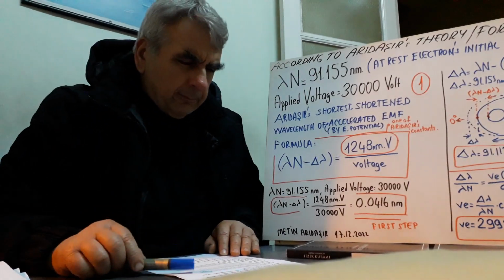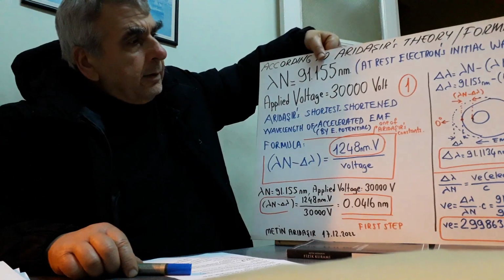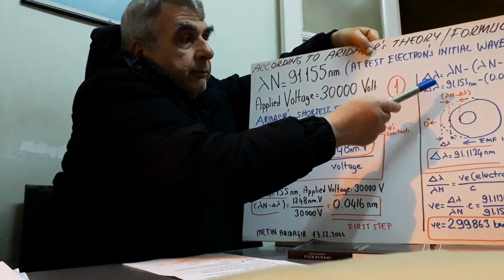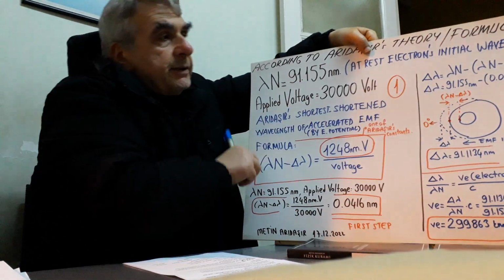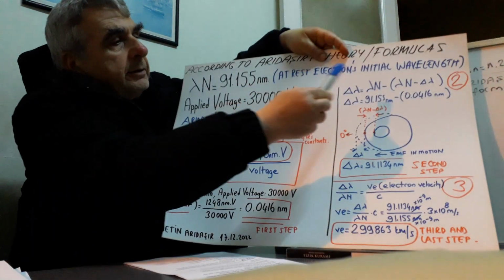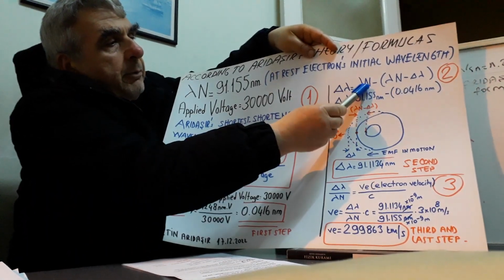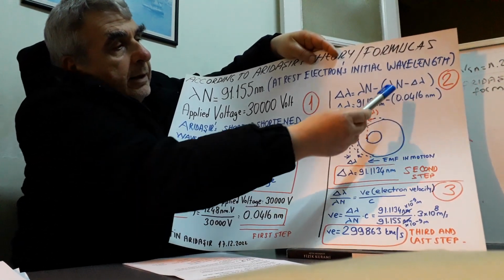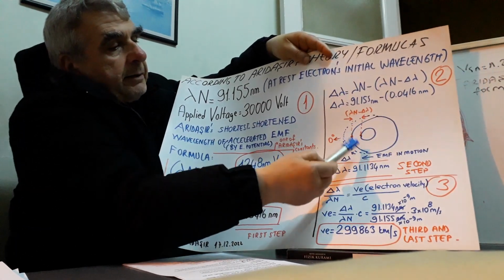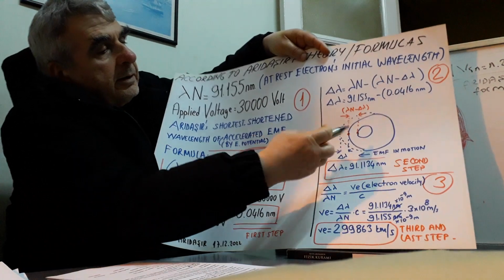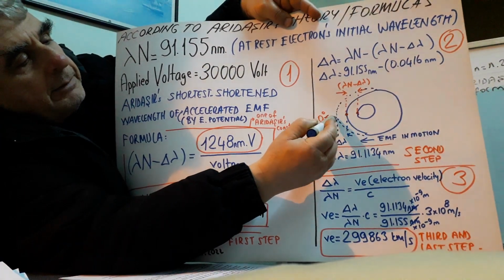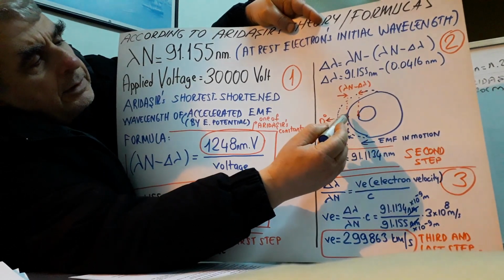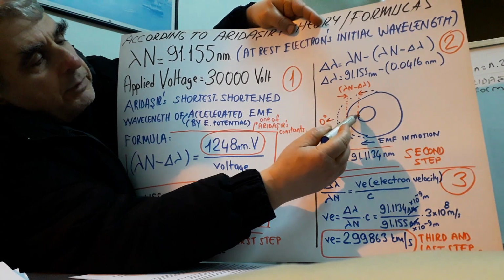Firstly, in the second step, we find delta lambda. This is my delta lambda finding formula. Delta lambda is equal to lambda normal minus lambda normal minus delta lambda. Delta lambda is between these, and lambda normal minus delta lambda is between these.